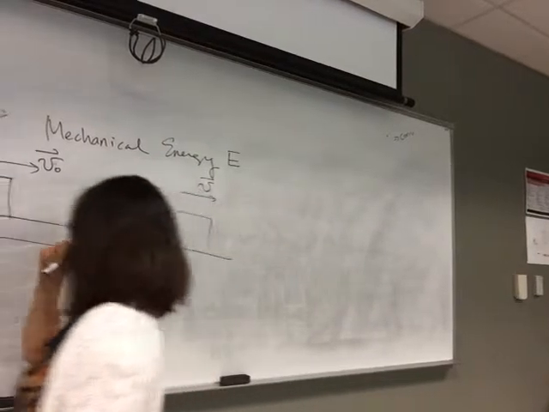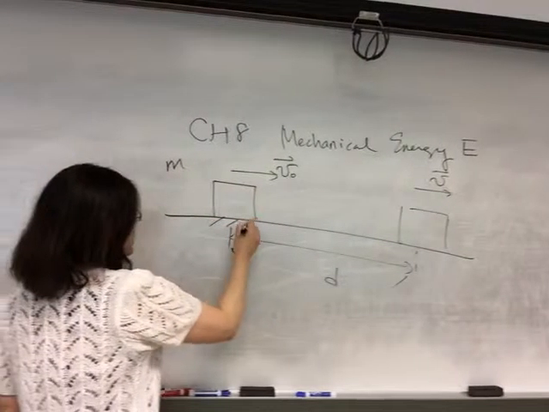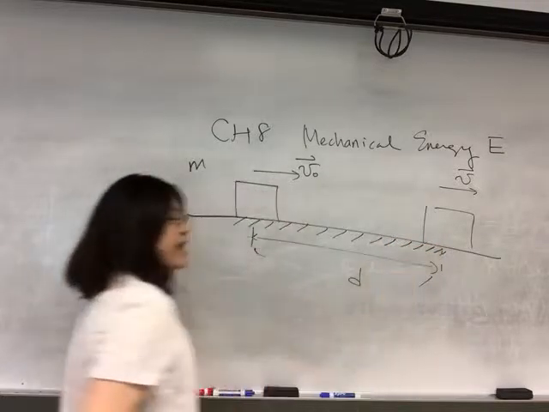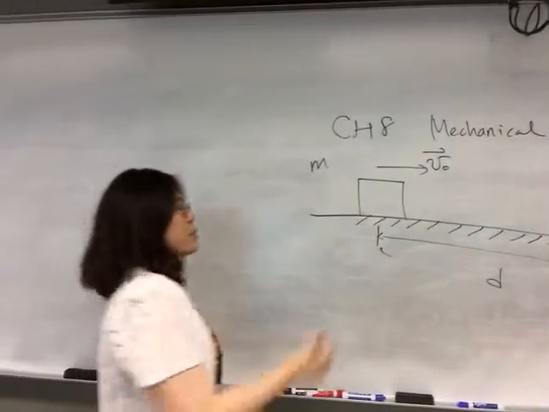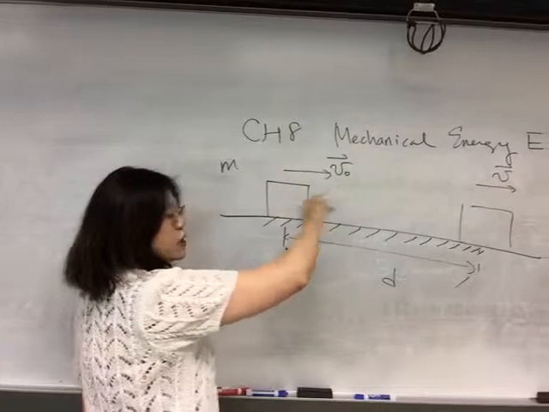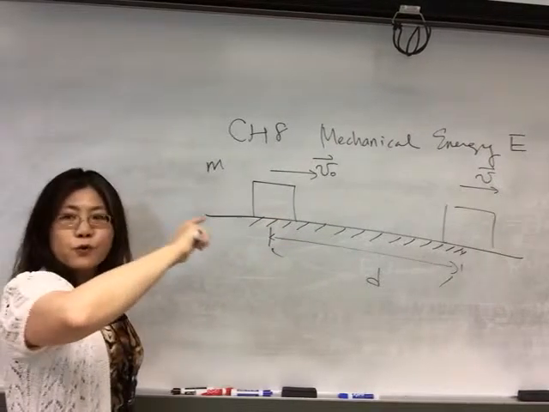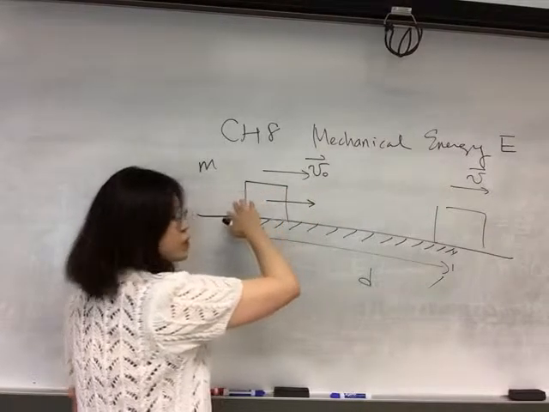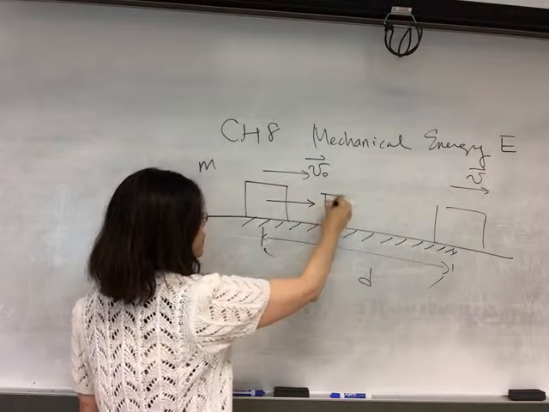Now let's consider friction, so there's a frictional force acting on this object. This block is moving and it changes its velocity because there's a force acting on this object. Let's say there's a rightward force that's pushing this object. Let's say this is the force.